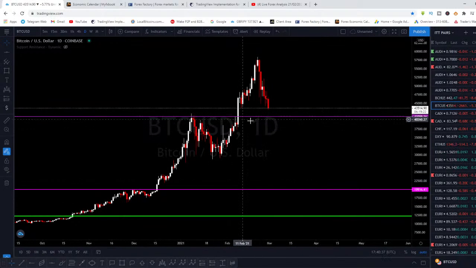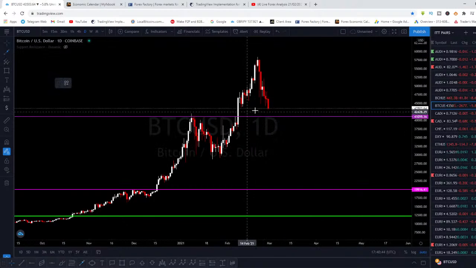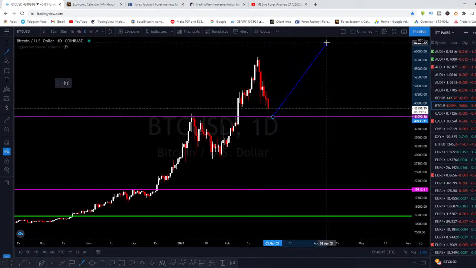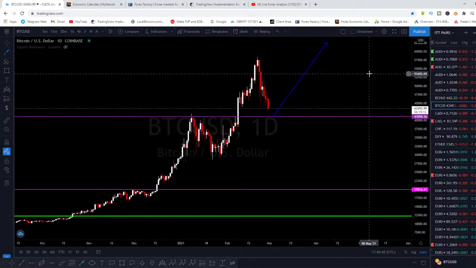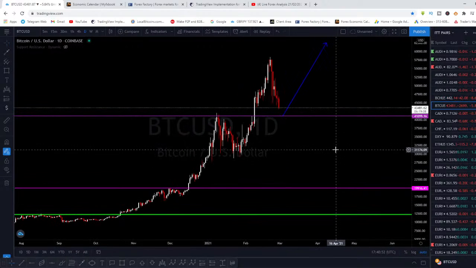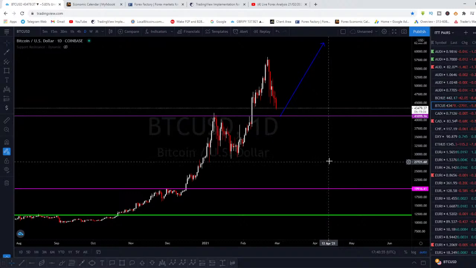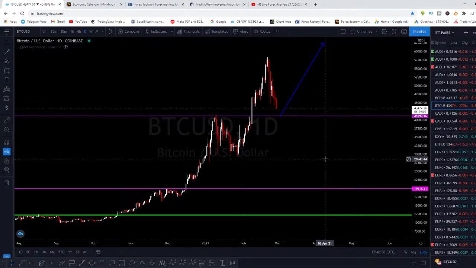But if it's not able to break out, this is what's going to happen, guys. It's going to go back up from this area, from this zone. Now it will go back up again, even up to $60,000. So trade wisely, right? Trade wisely. Know exactly what you are doing in the forex market.